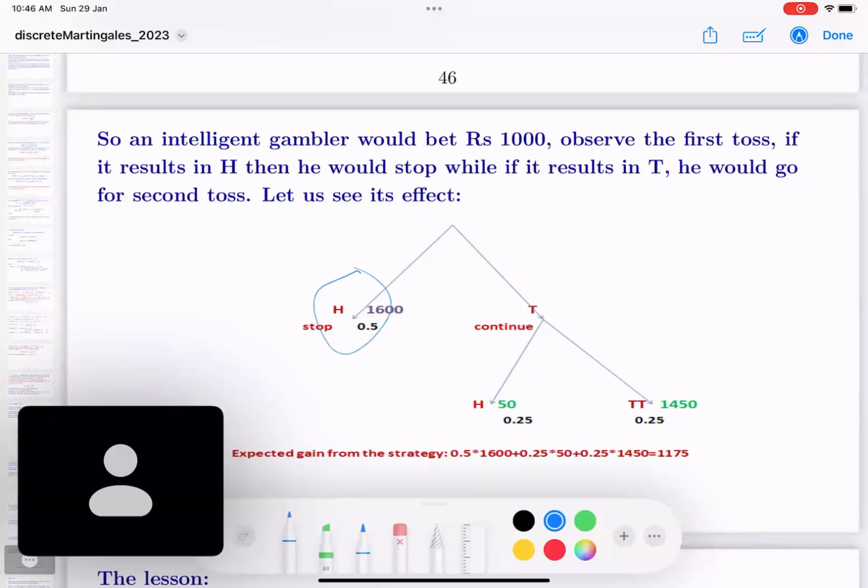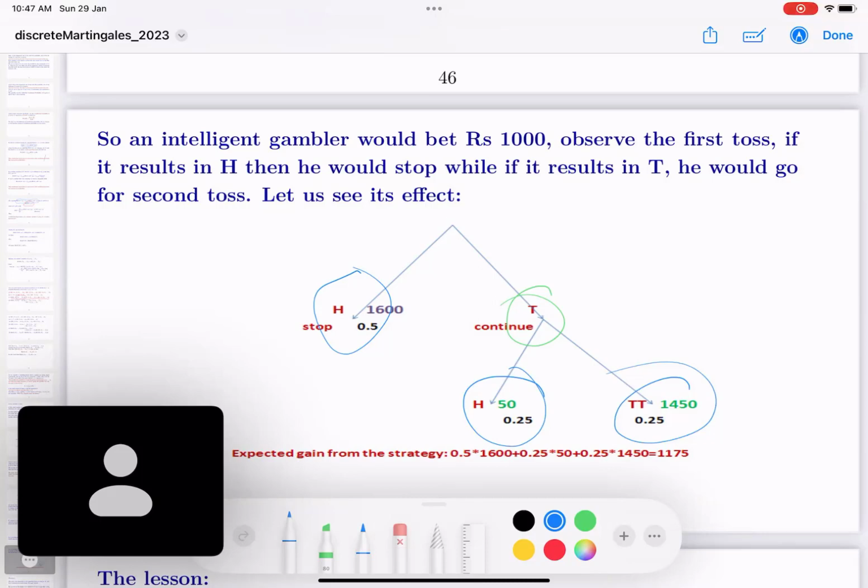will continue to play if he or she reaches T, and then the final rewards will be these three green things. So 1600 with probability half, 50 with probability half, 1450 with probability half, and you get that the net reward becomes 1175.